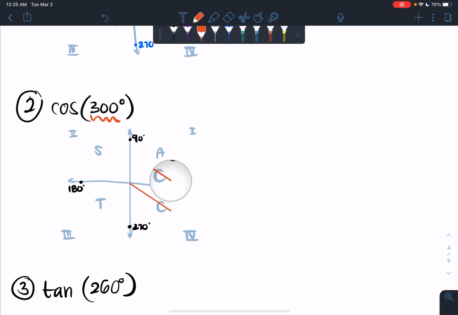And the reason why it's drawn that way is because if we start on this line here, drawing 300 degrees in a counterclockwise motion, we will end up at that part there. So we know we would land in quadrant 4, and in quadrant 4, C, or cosine, is positive.